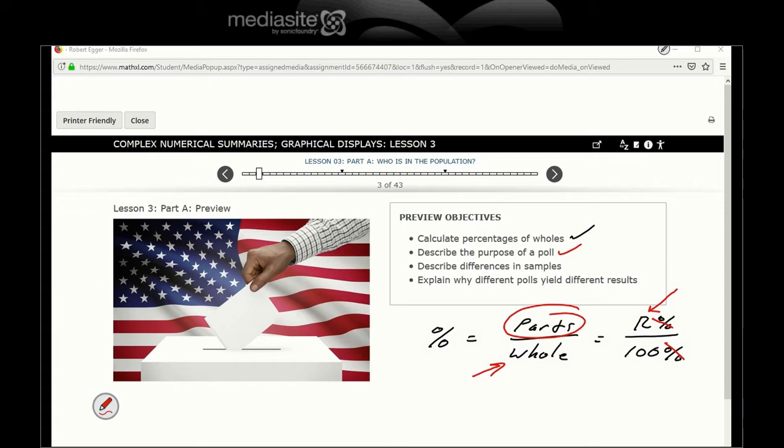Polls are very important. You'll be seeing a lot of them in any given year, especially in any kind of political events. And we're also going to look at why different polls covering the exact same question give different results. So that will be in today's preview lecture.